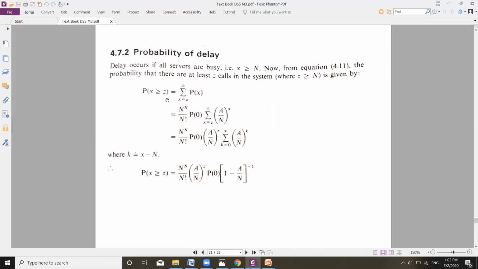probability of x greater than or equal to z is given by summation ranging from x equal to 0 to infinity p of x. Substitute p of x over here, then we'll get the next step, that is n to the power of n divided by n factorial p of 0 summation ranging from x equal to z to infinity a by n to the power of x. Fine.